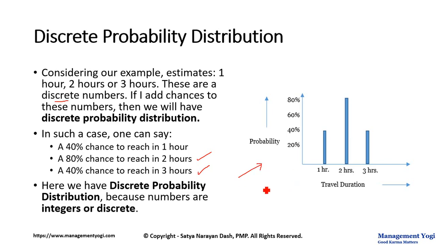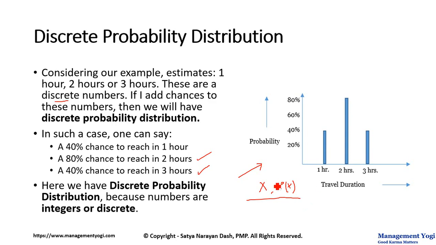As I said, X is the random variable. Probability of X is the probability value of the values of the random variable, or probabilities of the values of the random variable. Together, X and Px will be the probability distribution. And here we are having a representation for the probability distribution in a graphical format.